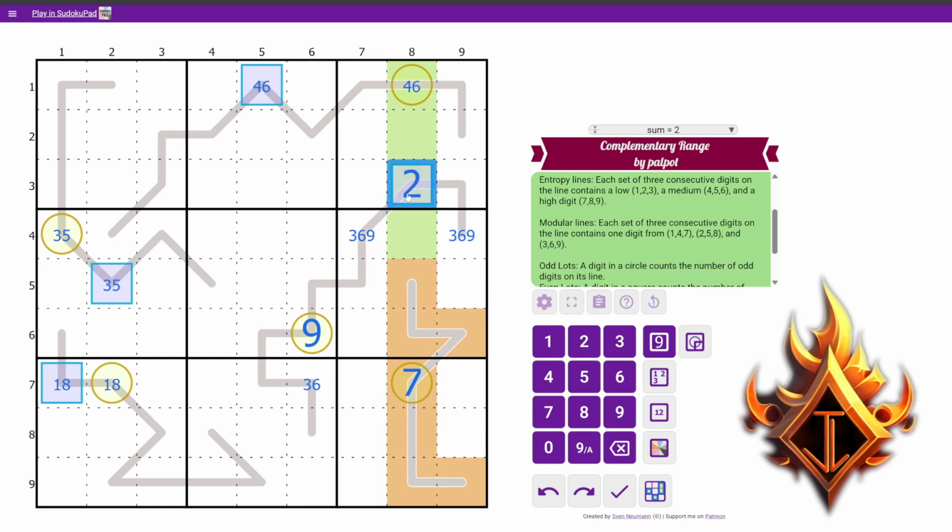This 2, 2, 5, 8. 1, 2, 3. 2, 5. And then we'll have 1, 4, 7. 4, 7. Like that. Those are all the possibilities on that line.